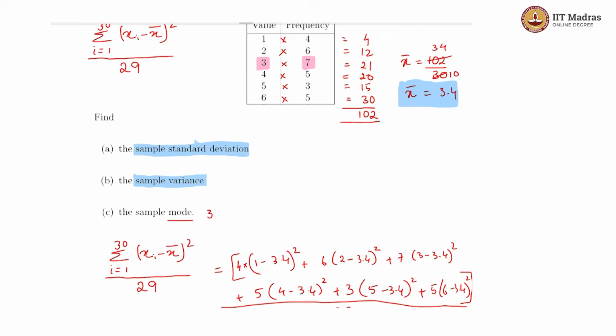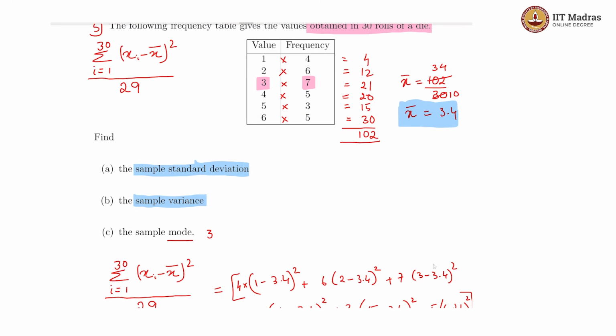So our answers would be: sample variance is 2.731 and sample standard deviation is 1.6525.